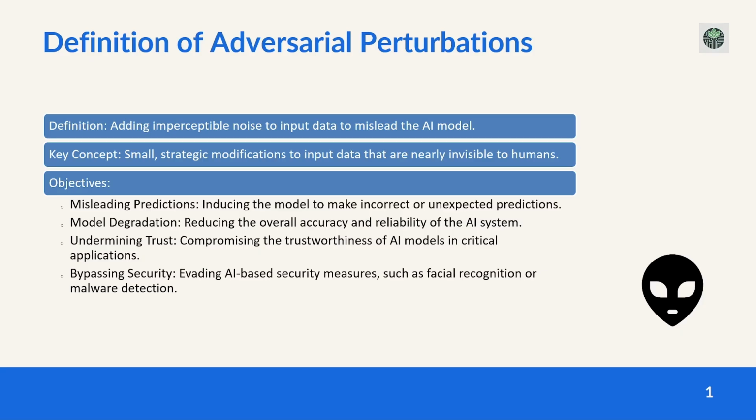The core idea here is that even slight adjustments to the input data can disrupt the model's performance, revealing its vulnerabilities. By understanding how these perturbations operate, we can identify the risks that they pose to AI systems and mitigate their impact on security and trust.